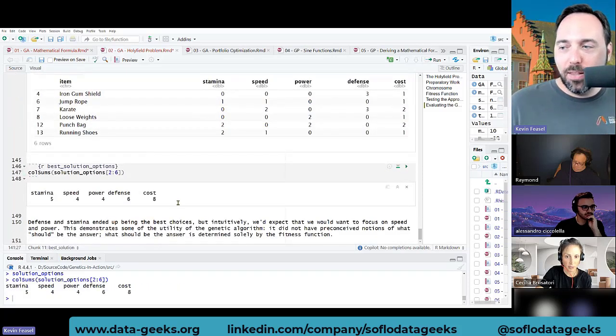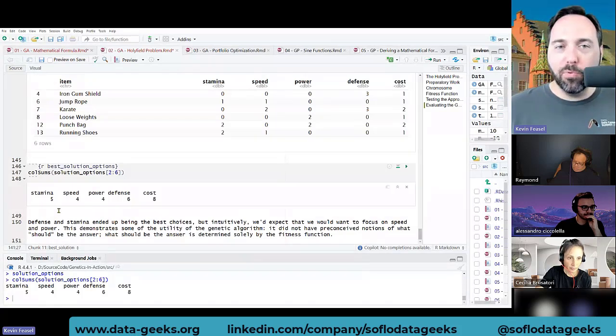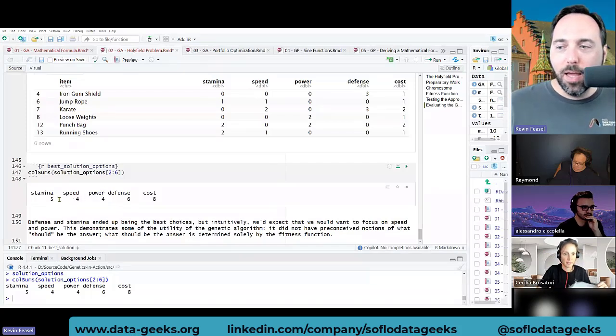And that gives me these values as my score, which may not have been where we would have focused early on. We might have focused on, well, I want fast and powerful because that's easier to work with.